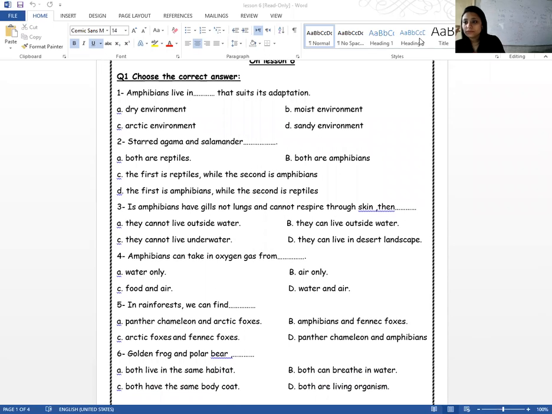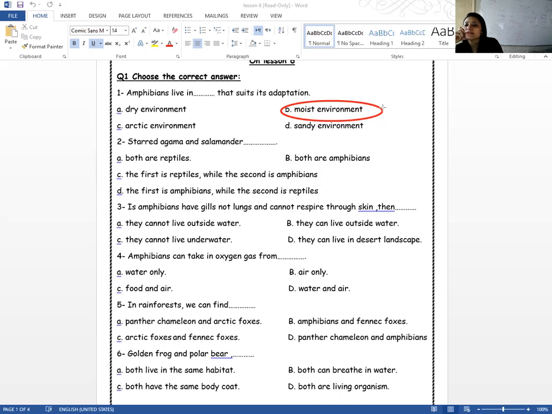Okay, choose the correct answer. Number 1, amphibians live in moist environments.